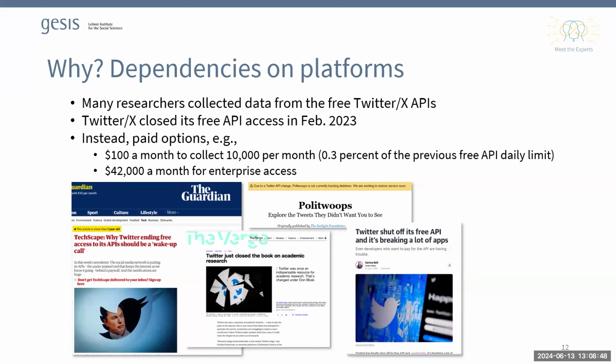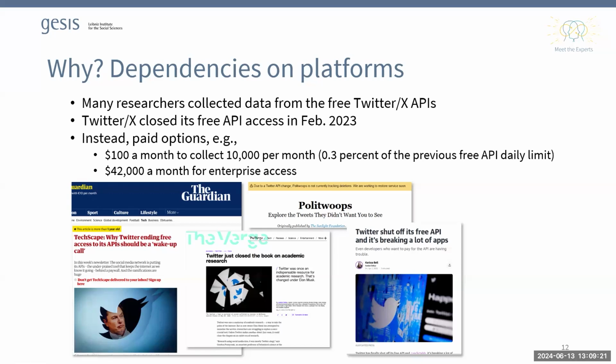They could not access other researchers' data sets, and instead, to still have access, they could pay starting from $100 a month to get 0.3% of the tweets that were previously the free API daily limit, or up to $42,000 a month to have the same level of access, which for most researchers is pretty much unaffordable. So this is the first reason.